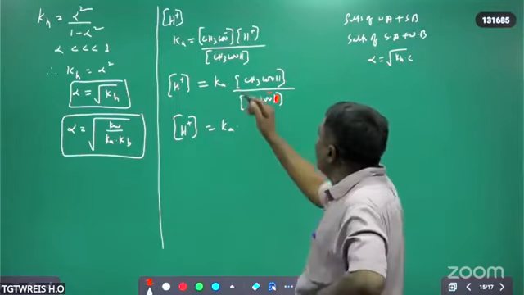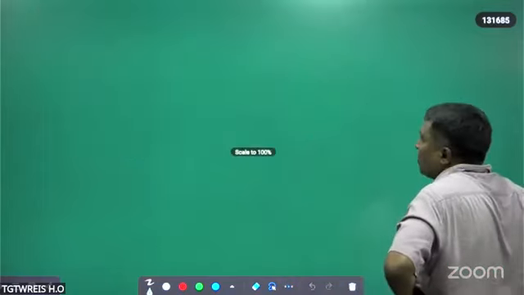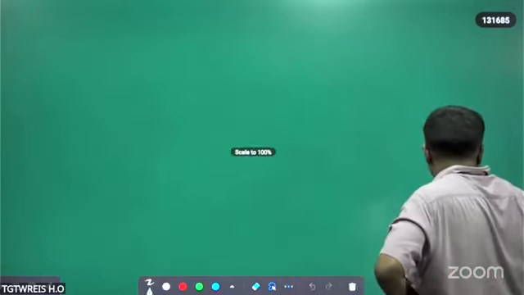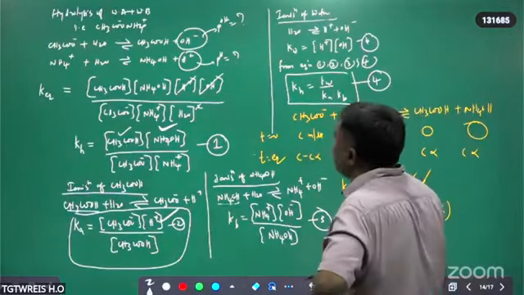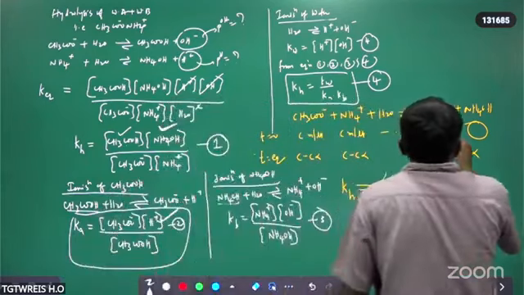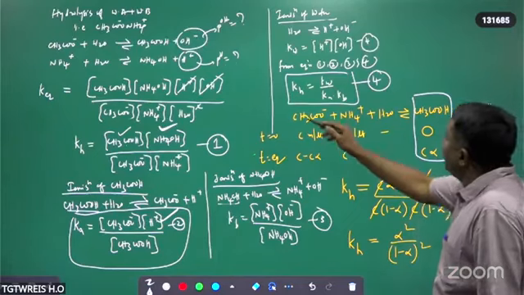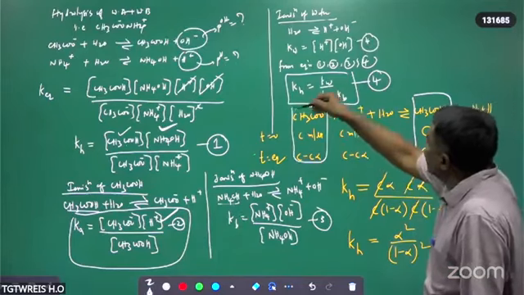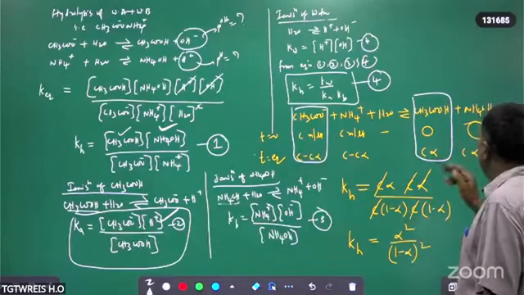So what will be the acetic acid concentration now? Acetic acid concentration is this one, and this is the acetate anion concentration. Acetate anion is C minus C alpha and acetic acid is C alpha.